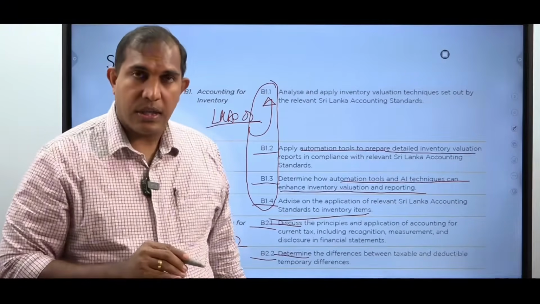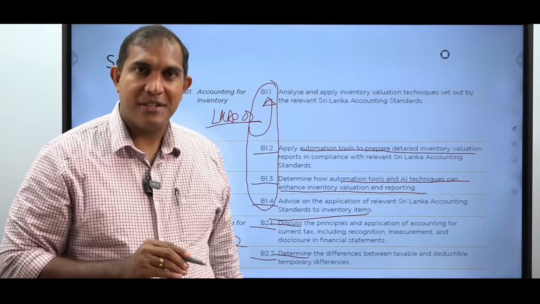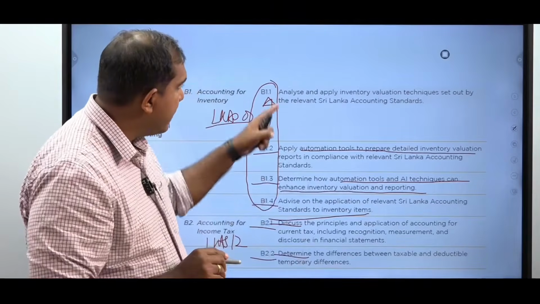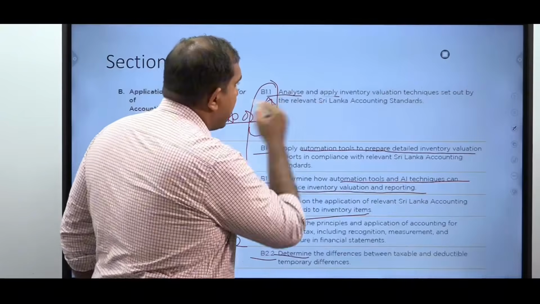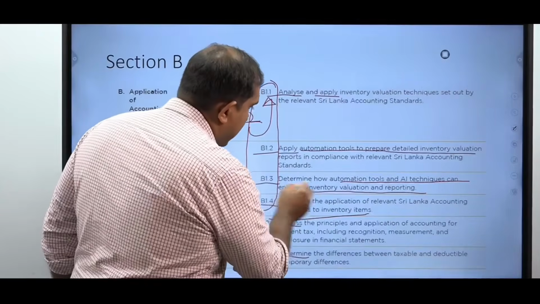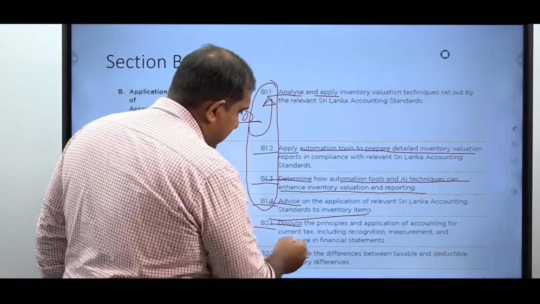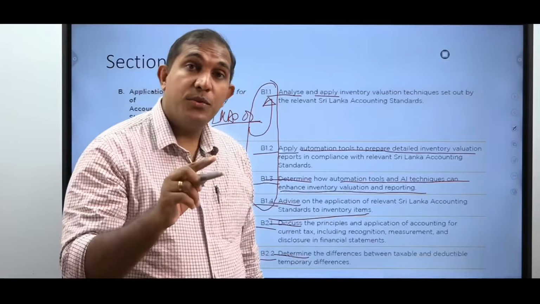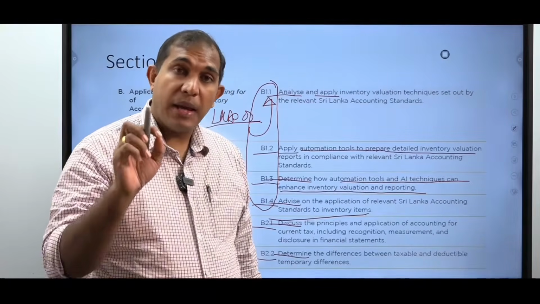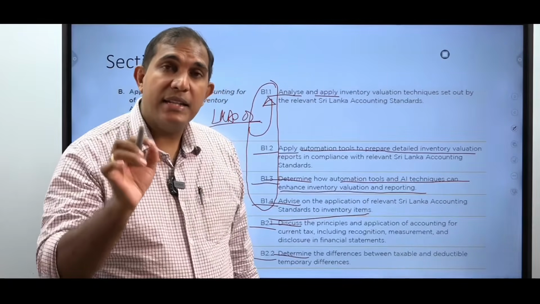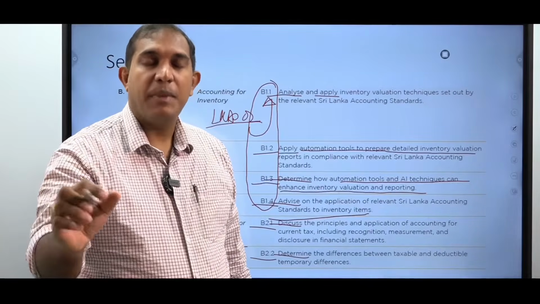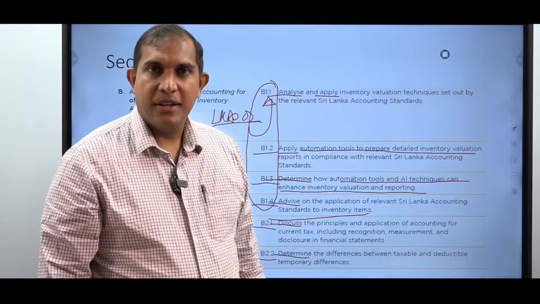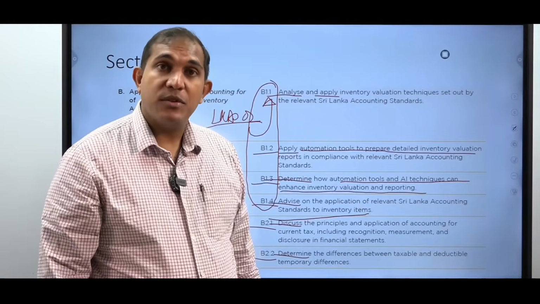It's a very important thing to be emphasized now. You can see action verbs here: analyze, apply, determine, advise. When you write the examination paper, you can see the same action verbs in the paper.